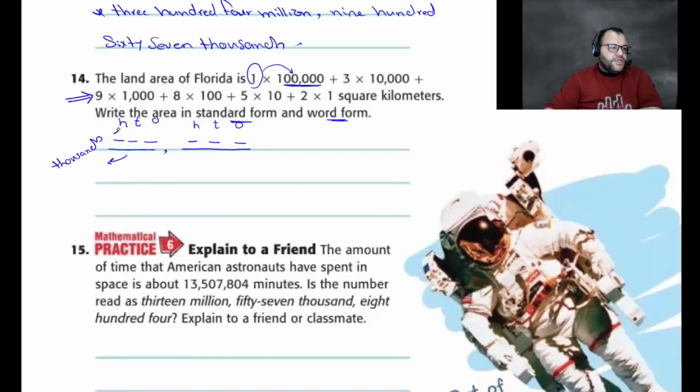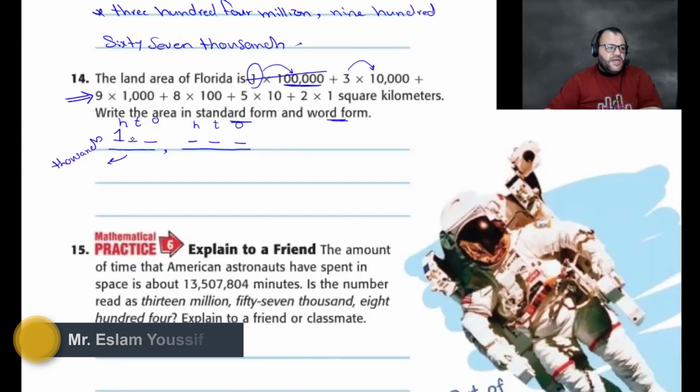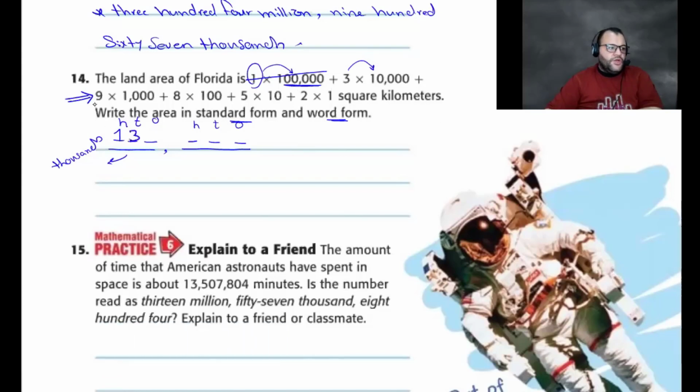So 1 is written in the 100,000. The second, 3, will be written in the 10,000, so we write 3. 9 will be written in the 1,000 place. Where is the 1,000 place?